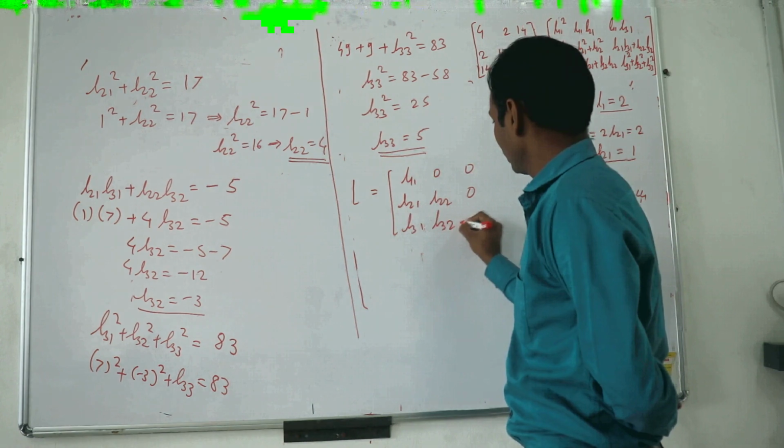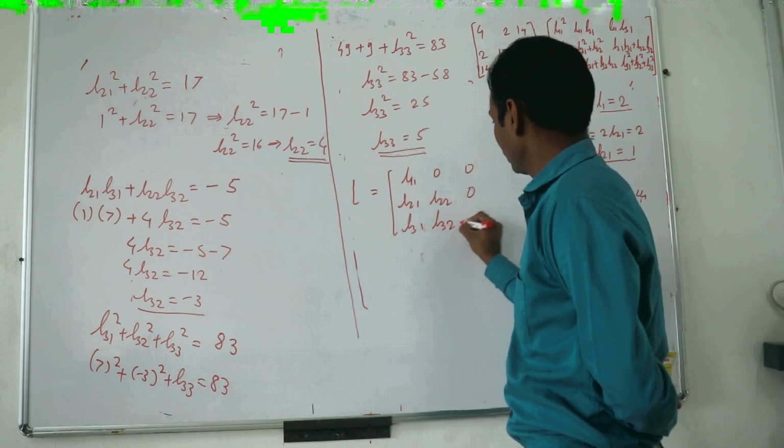Put z is equal to 1 in the previous equation, that is 4y minus 3 into 1 is equal to minus 27. So 4y minus 3, take on that side, minus 27 plus 3, that is 4y is equal to minus 24, that is y is equal to minus 6. And the last equation, that is 2x plus y plus 7z is equal to 7.